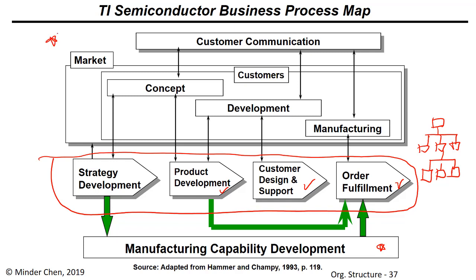What's unique about this diagram, which I like and use quite often, is that the customers or the market is part of this map, which shows not just the customer, but also the processes that the customer may have to go through in terms of producing their product or services.